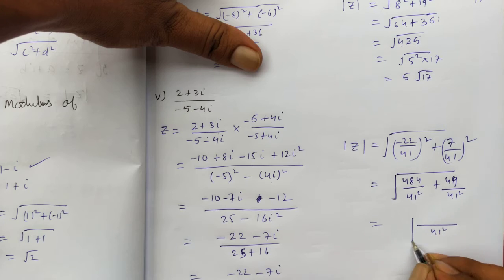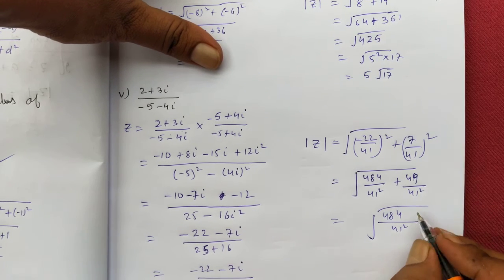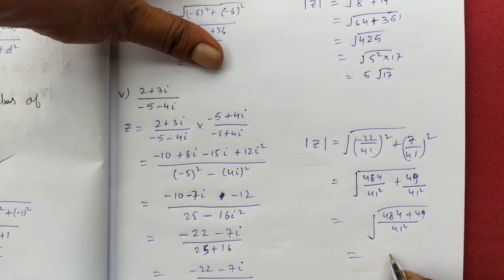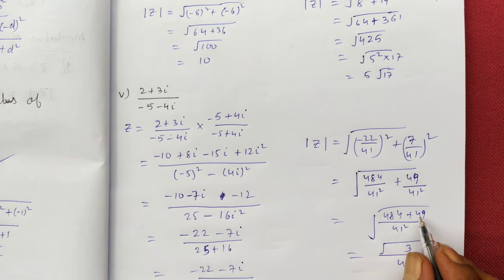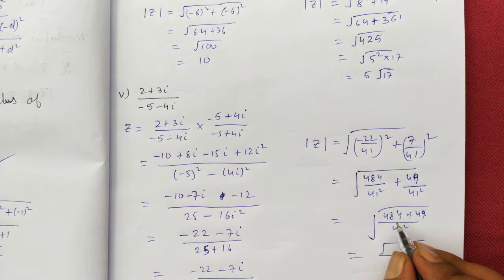LCM is 41 square, no change. 484 plus 49. Downside you can remove the square, it will be 41.